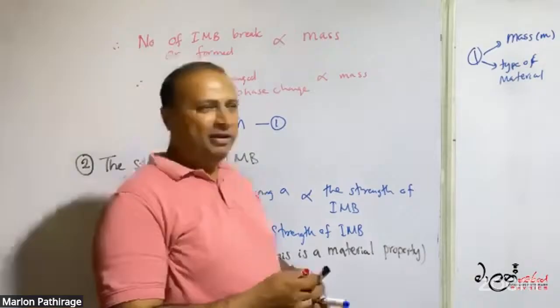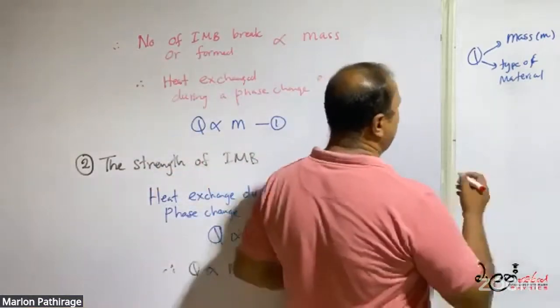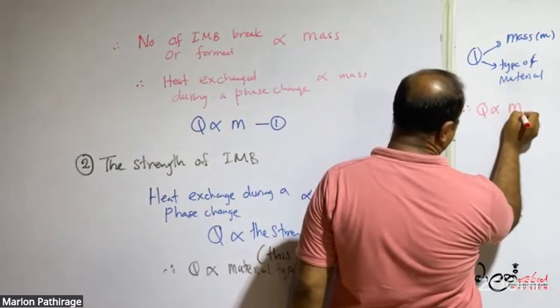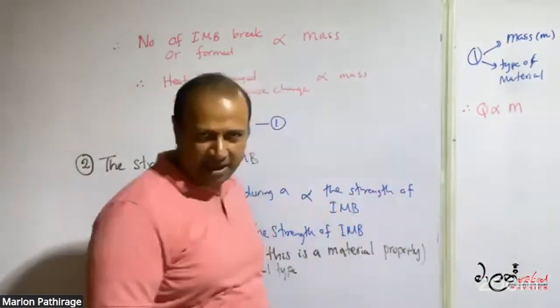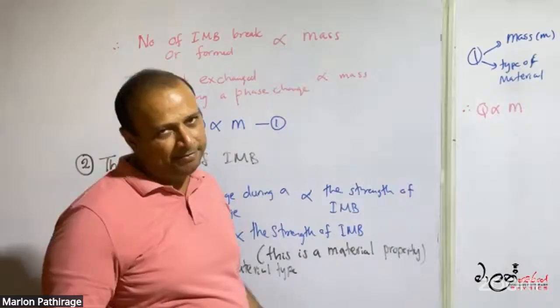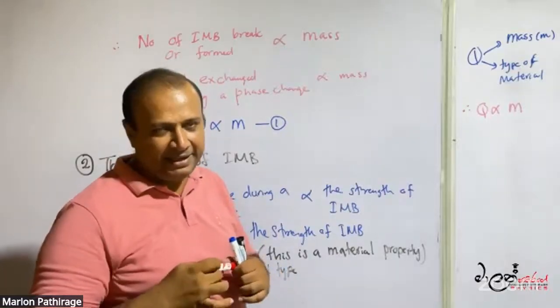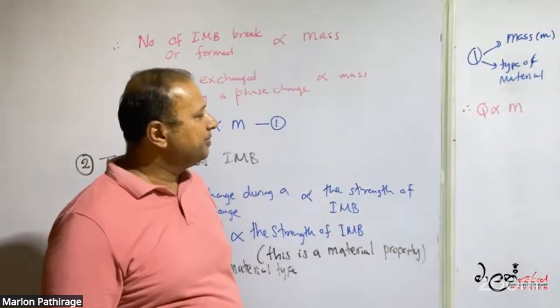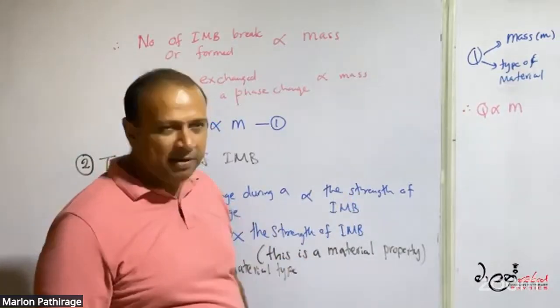Then we can build the equation. Therefore, Q depends on mass. Material type we cannot measure. That means Q depends on mass.